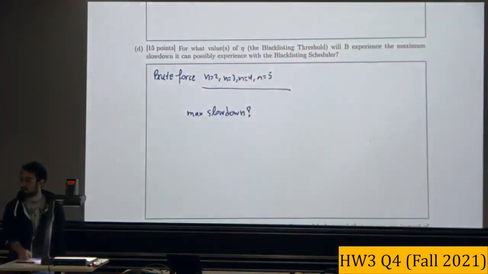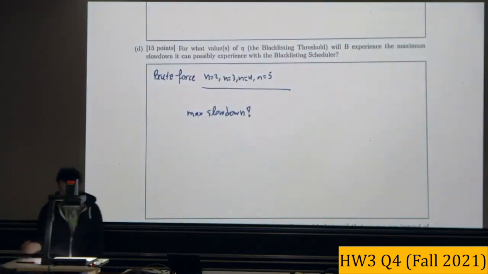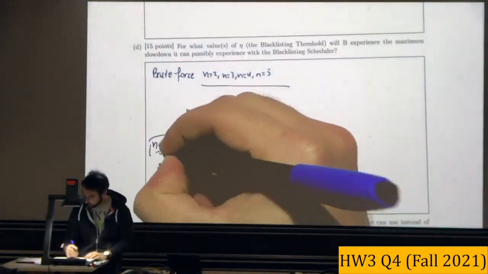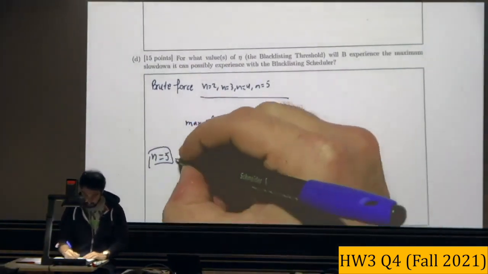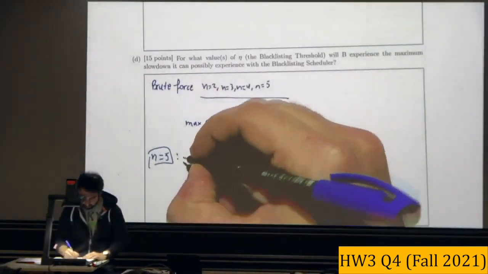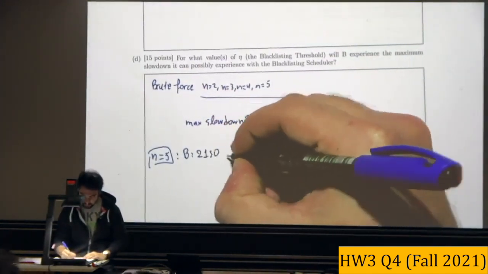Is this clear to everyone? So in this case it's n equals 5. If you execute with n equals 5, then you get the maximum slowdown for application B, that is 2150 cycles.